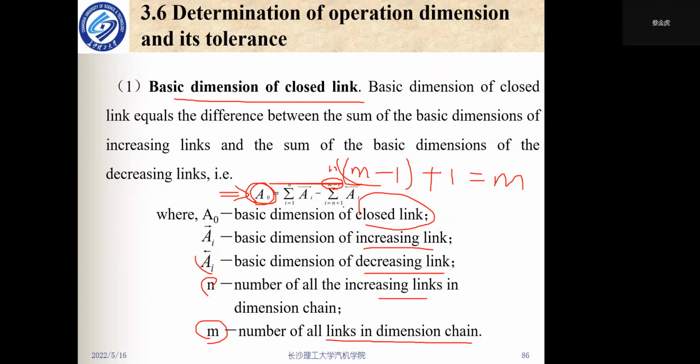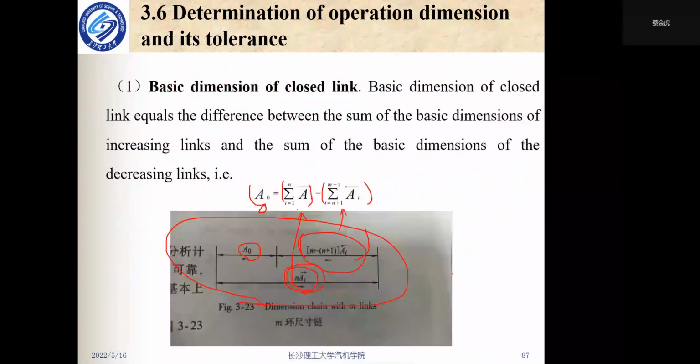So another key concept is what is increasing link and what is decreasing link. And we have seen this example. This dimension is a closed link.